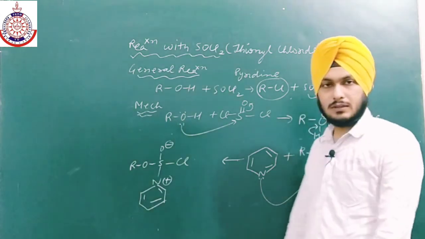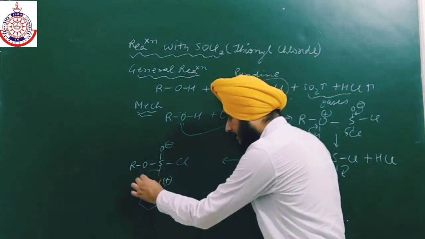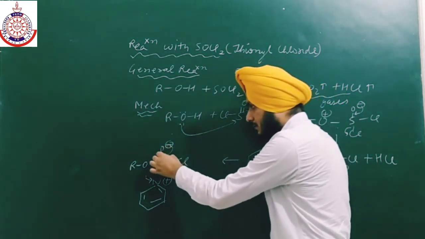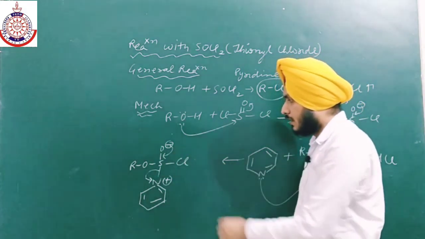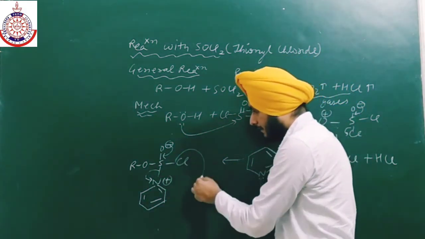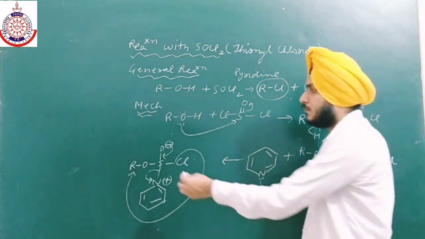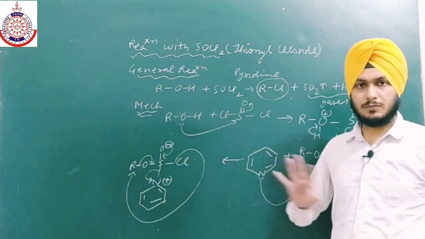Okay, so now the last step is the catalyst will leave again. The catalyst will leave and these electrons will shift over here and we will get double bond over here. Now this Cl negative will leave and attack on the alkyl group and this bond will break and we will get double bond over here in order to form SO2.